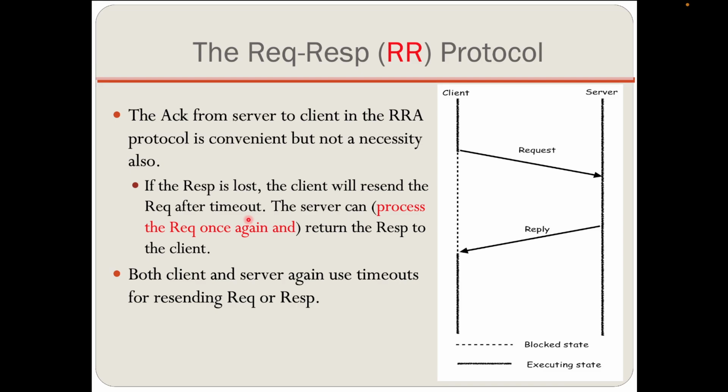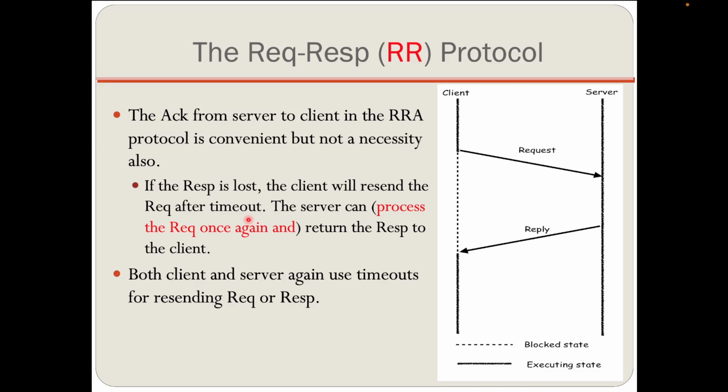Then it will retransmit the request. If this request is also successfully received, then the server may execute it again and generate a second response. And if this response safely arrives, then no more retransmission will be generated.